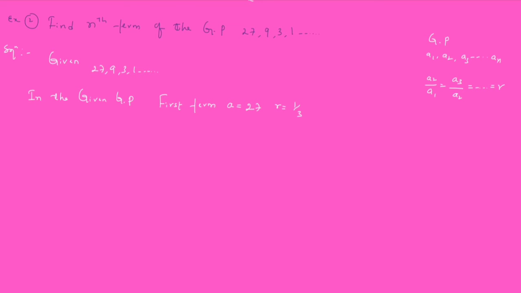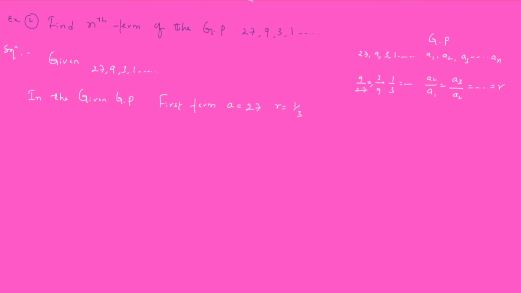So here the values are 27, 9, 3, 1, and so on. So A2 by A1 is 9 by 27 and 3 by 9, like this, which is 1 by 3.